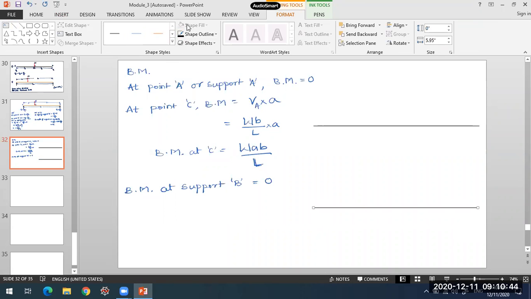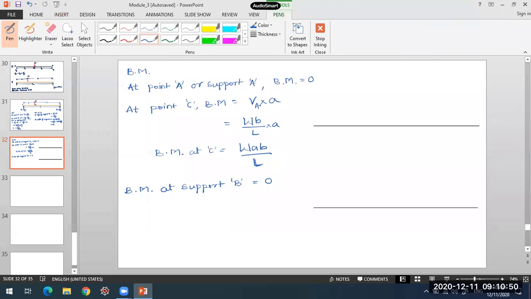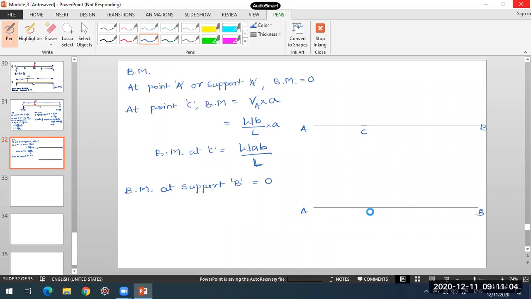Okay. Now first we'll go for plotting the shear force. At point A, the shear force value what we had, this is A over here, and B, whereas this is point C somewhere here. Okay. So A, B, and C.